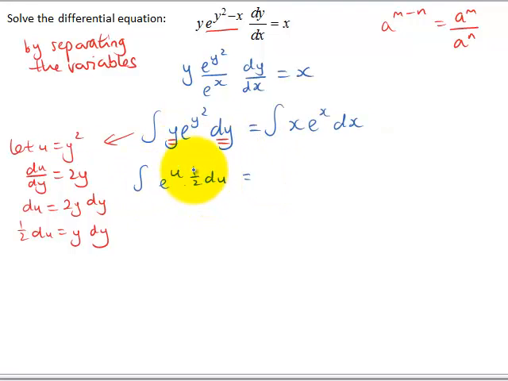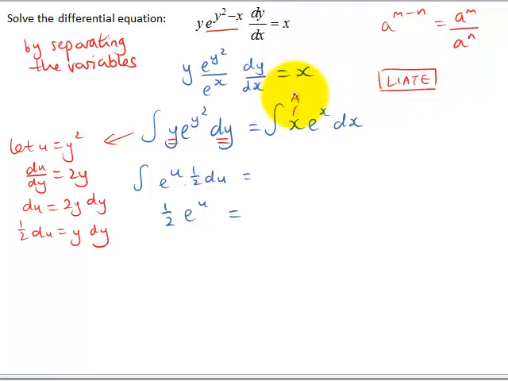So to integrate this side, half is a constant, and integrate e to the u, I get back e to the u. So now I want to integrate the right hand side. I'm going to do so by parts. So going by LIATE, I can see that I have A, which is the category of algebra, and I have E, which is the category of exponential function.